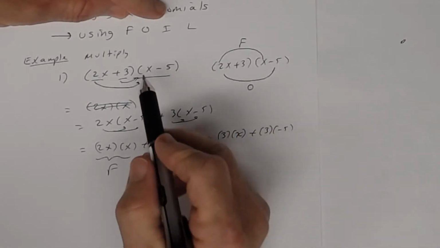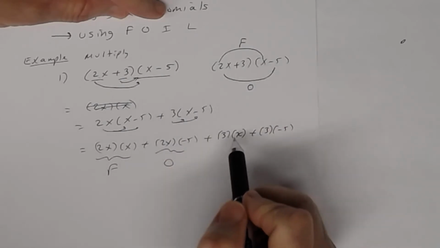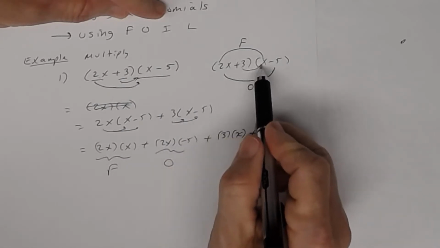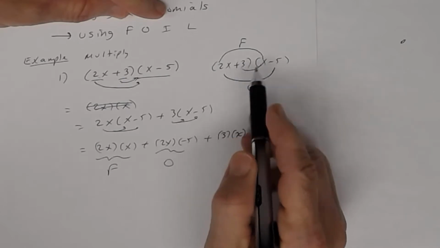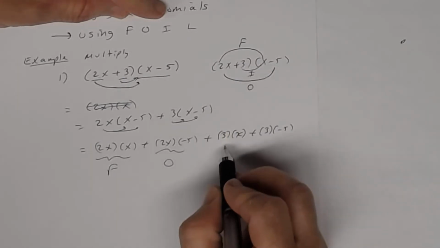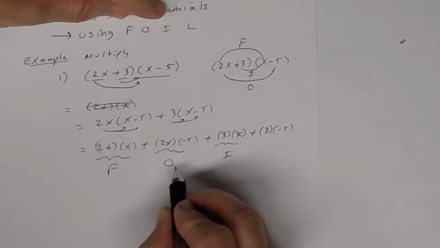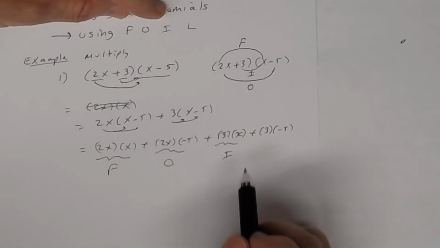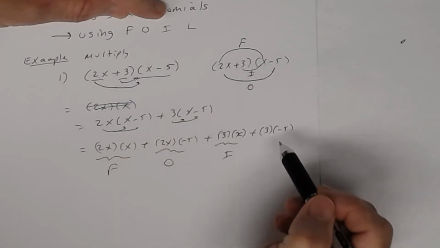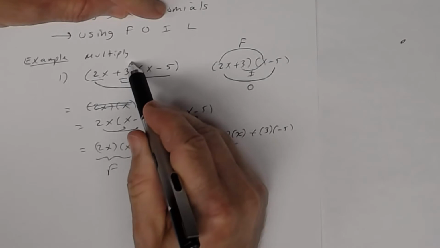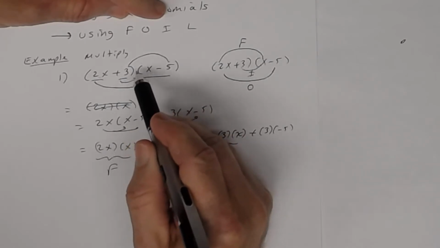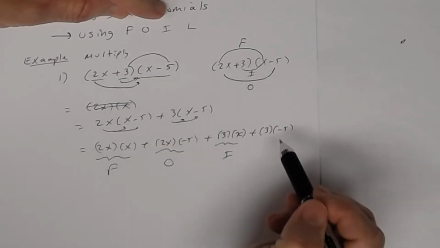Then you look at the next one. You have 3 times x. That's the terms on the inside, so we'll call that I, inside, the inner terms. So FOI, and then obviously that's going to be your last. If you look at 3 times negative 5, that's the last terms of each binomial. Last. So 3 times the negative 5.